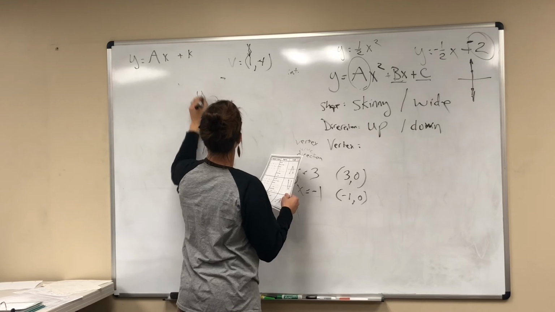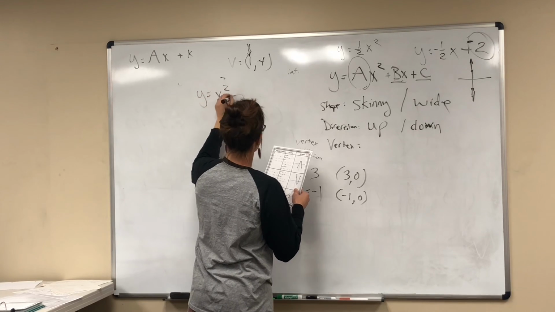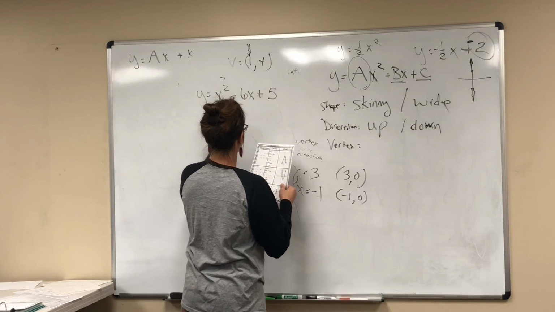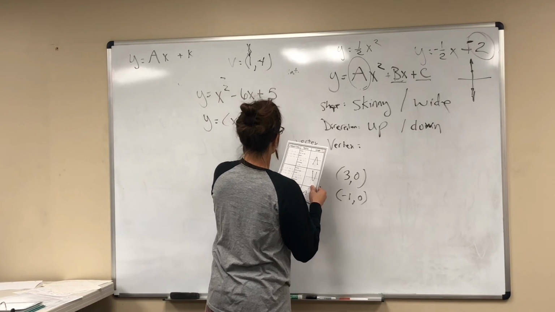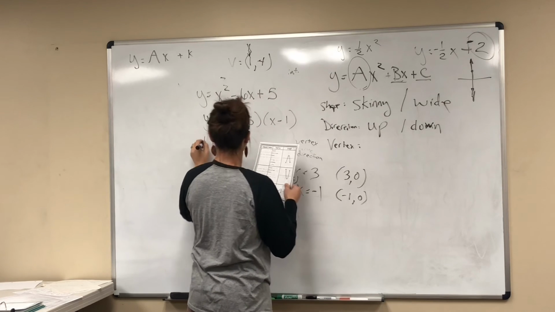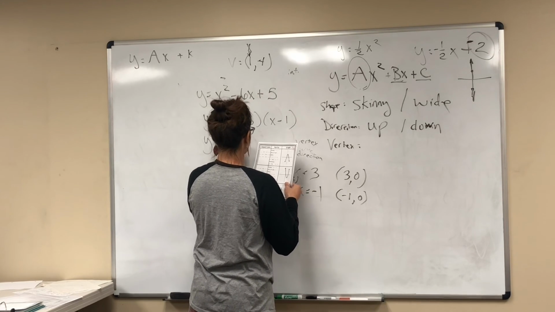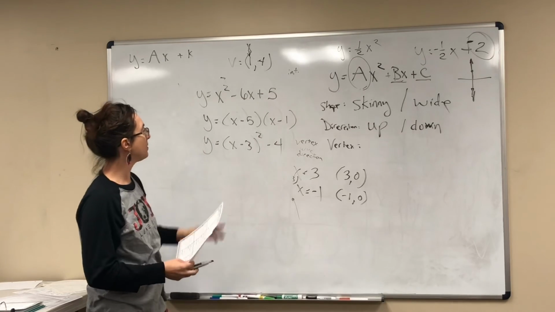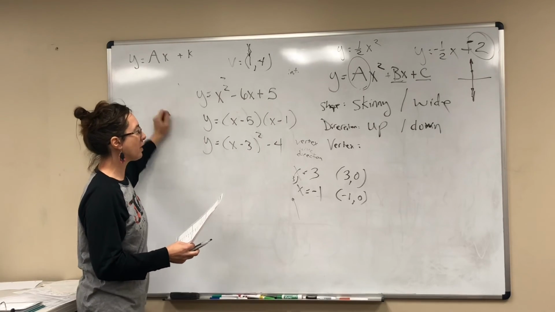Okay, so we have y equals x squared minus 6x plus 5. They have factored it for us into x minus 5, x minus 1. And then they've given us our vertex formula. Okay?